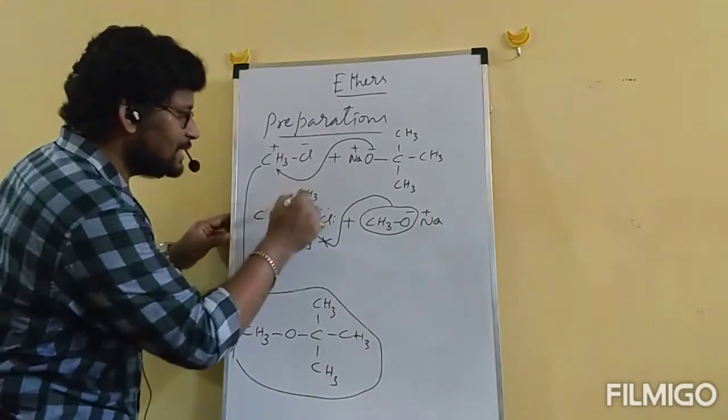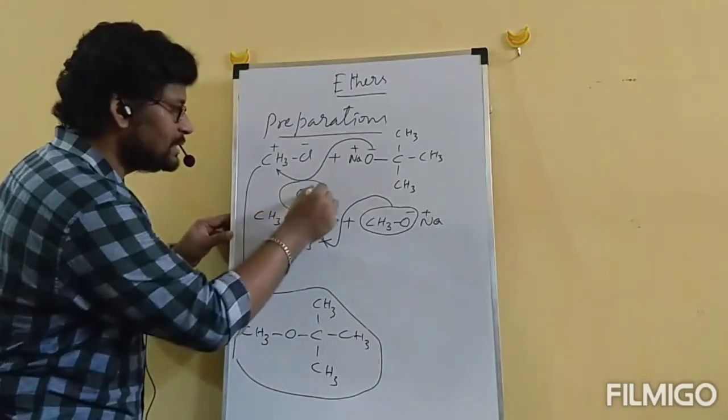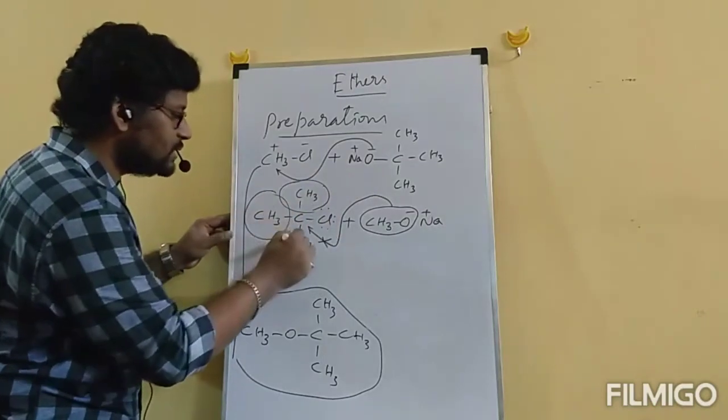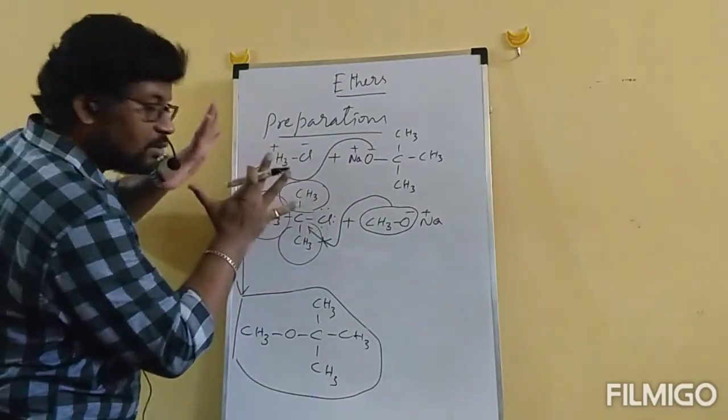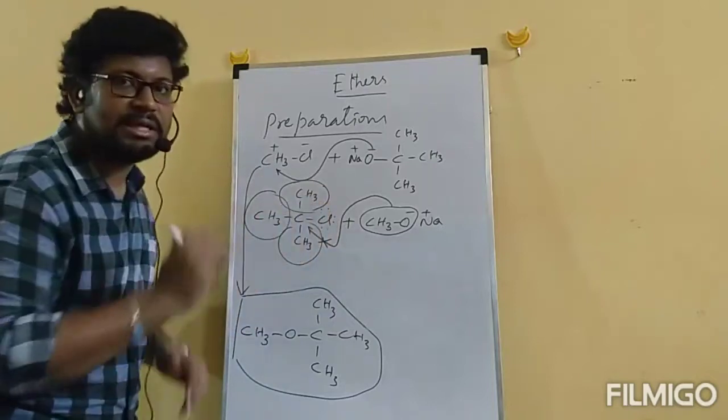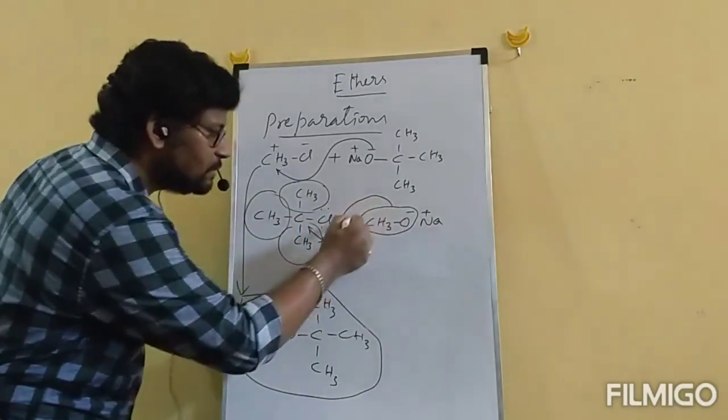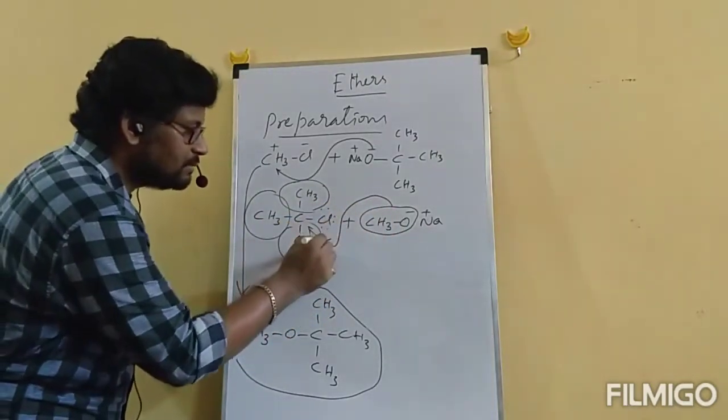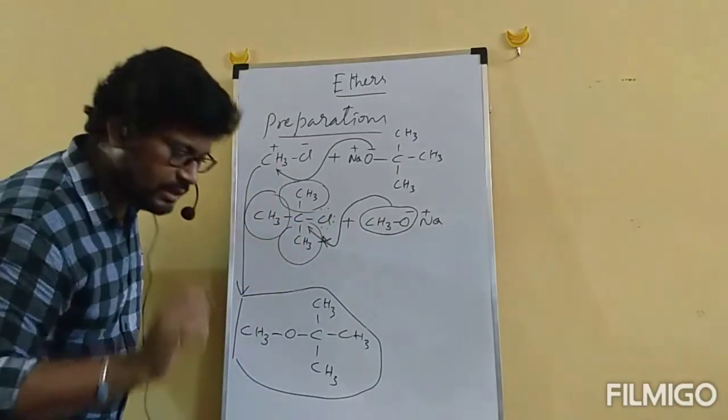It is highly sterically hindered. Because of this crowding, and chlorine also containing 3 lone pairs, this CH3O minus cannot attack this carbon, so it is not possible. Then what will happen?